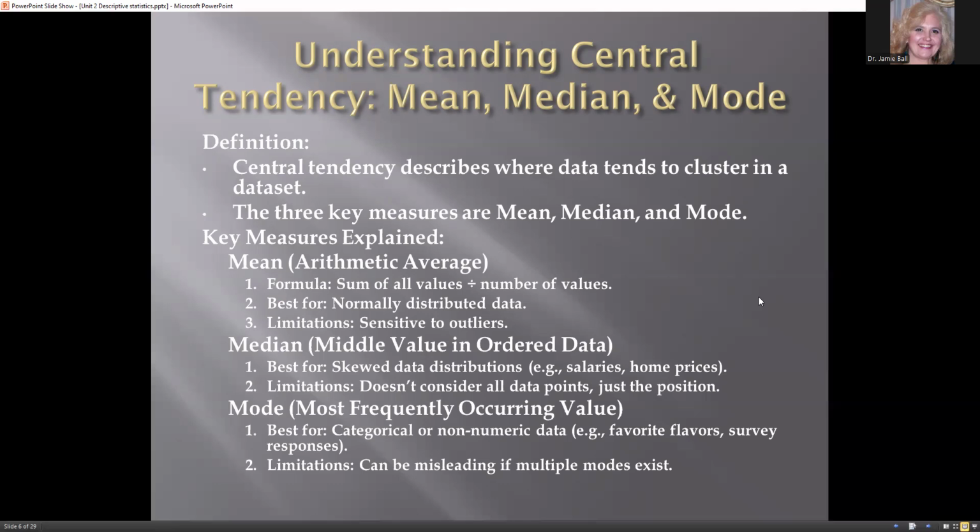Median is when you order the data, the score in the middle. And if you have two scores, because you don't have one in the exact middle, we take those two middle scores, add them together, and divide them by 2. And mode is the number that shows up the most frequent. Sometimes you can have more than one mode.